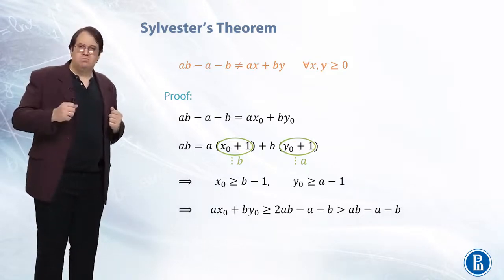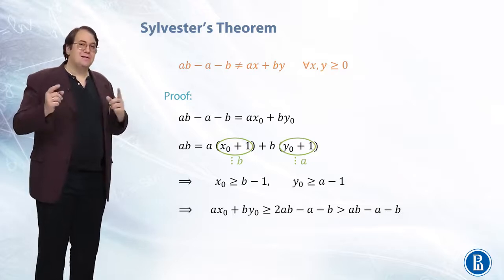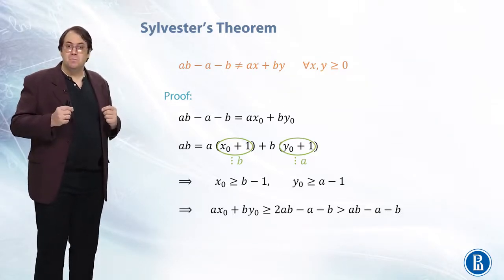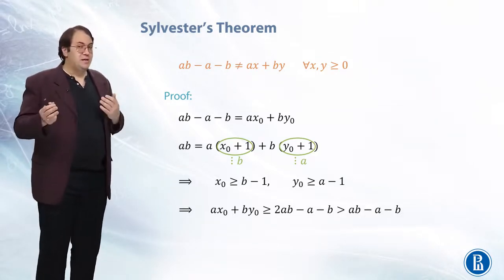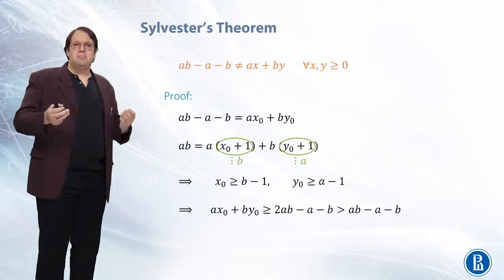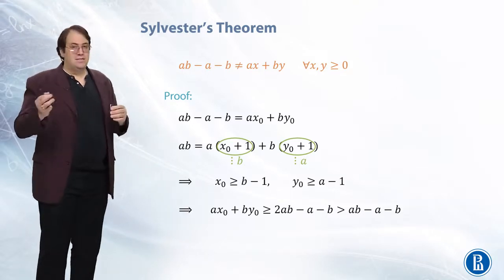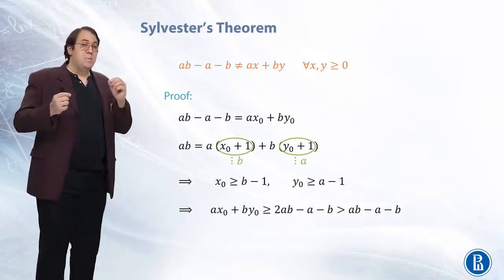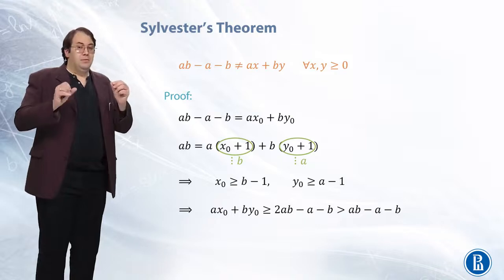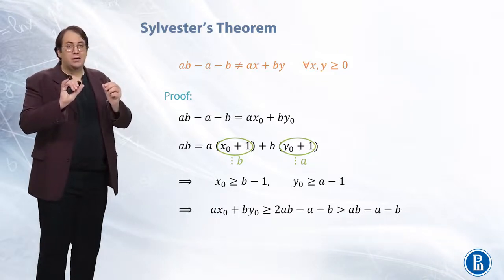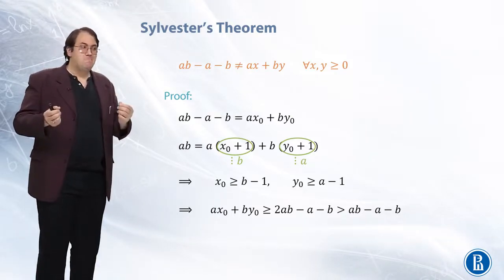There are rather many summands divisible by a, right? ab is divisible by a, a multiplied by x0 plus 1 is divisible by a. So b multiplied by y0 plus 1 must be divisible by a.